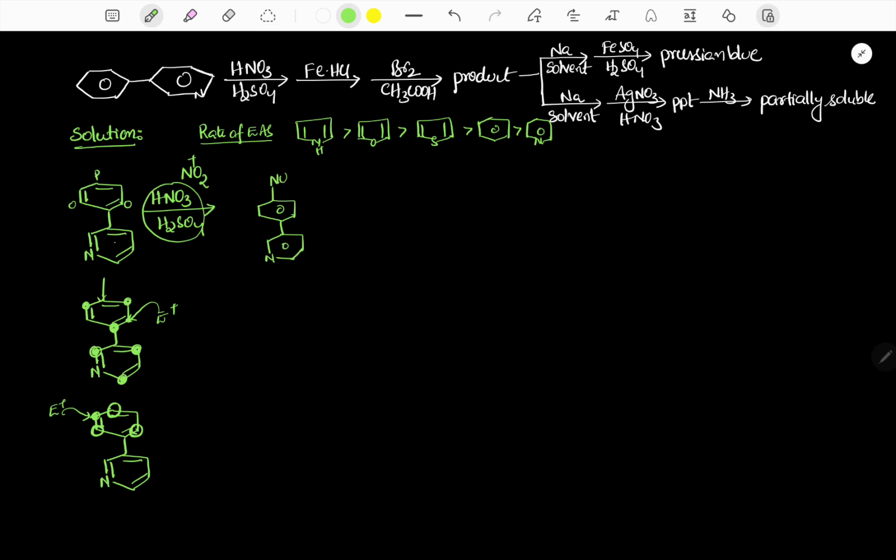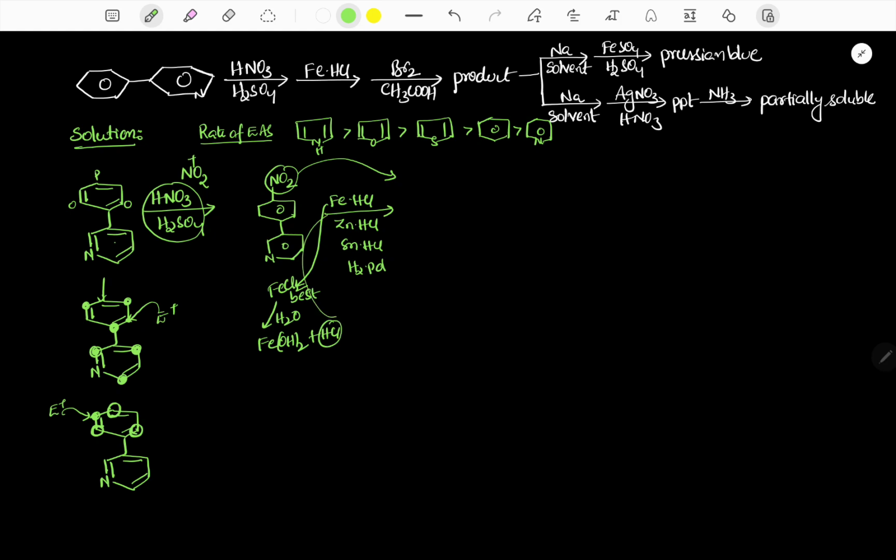para position NO2. Now it is treated with the reducing agent Fe/HCl. We can also use Zn/HCl, Sn/HCl and H2/Pd in ethanol solvent. Among these, the best reagent is Fe/HCl, because when NO2 undergoes reduction, Fe undergoes oxidation, FeCl2 forms, and this FeCl2 undergoes hydrolysis to form ferrous hydroxide plus HCl, and this HCl can be reused.